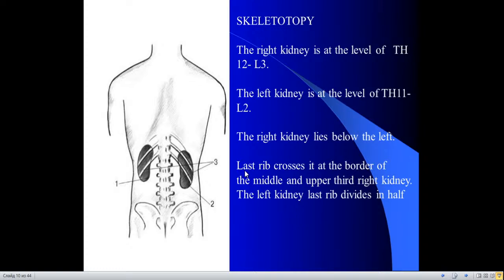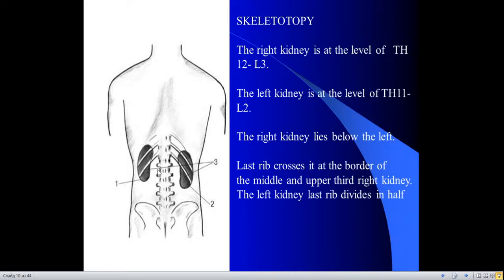And next very important information. The last rib crosses the right kidney at the border of the middle and upper third. The last rib divides the left kidney in half. You can see this control moment.